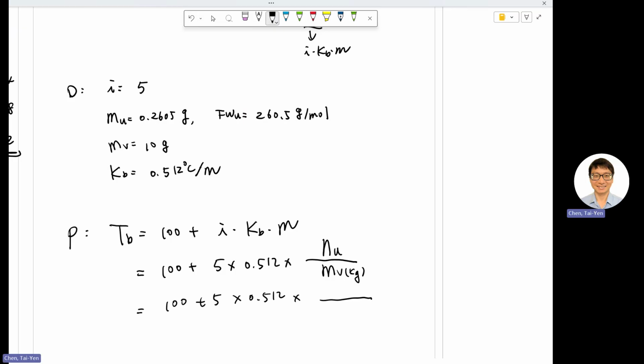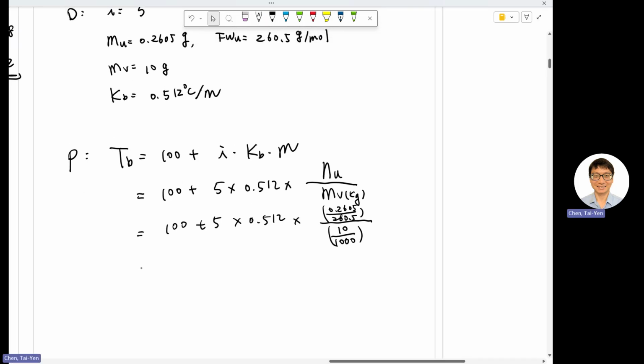To calculate moles of your solute, you take the mass of the solute divided by the formula weight of the solute, so 0.2605 divided by 260.5. That's how many moles of solute you have. The mass of your solvent is 10 gram, but you need to convert it into kilograms. By doing that, this will be 100 plus this whole thing.